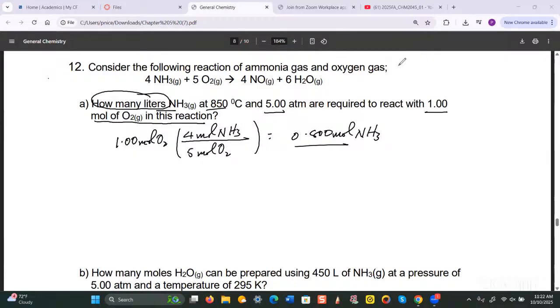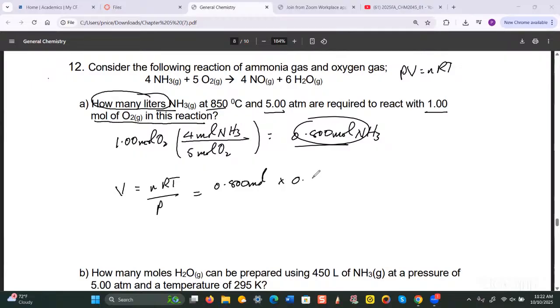The ideal gas law. PV is equal to nRT, right? So we have to rearrange this to get an equation for V, which would be equal to nRT over P. Now the n we just calculated, that's 0.800 moles of ammonia, multiplied by R, which is always 0.0821 liters atmospheres over mole Kelvin, times the temperature, which you have to convert to Kelvin.